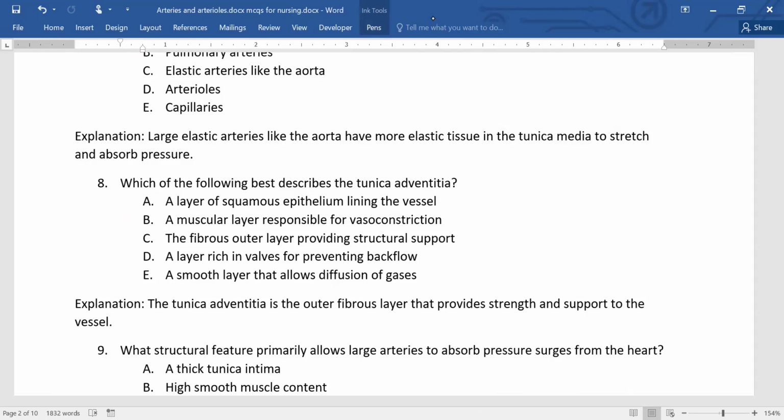So the tunica adventitia is an outer fibrous layer that provides strength and support to the vessel. This is the outermost layer, and it provides support to the vessel.